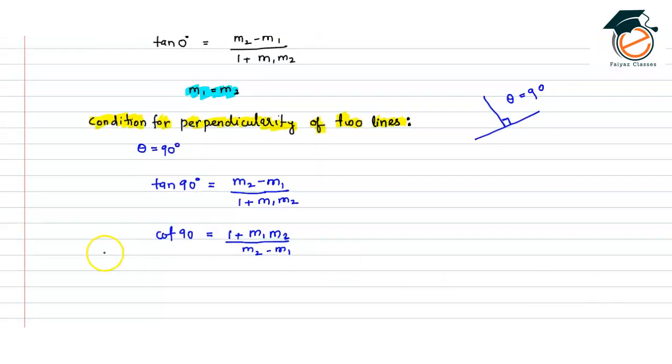Now cot 90 is equal to 0, and by solving this we get 1 plus m1 m2 is equal to 0, and from here m1 is equal to minus 1 by m2. This is the relation between the slopes of two perpendicular lines. It shows that if two lines are perpendicular to each other, their slopes are negative reciprocals of each other.